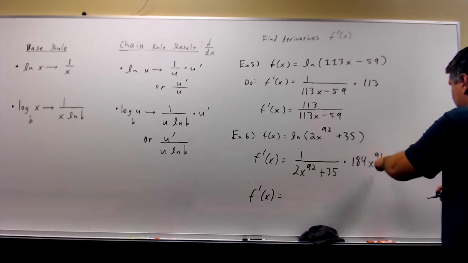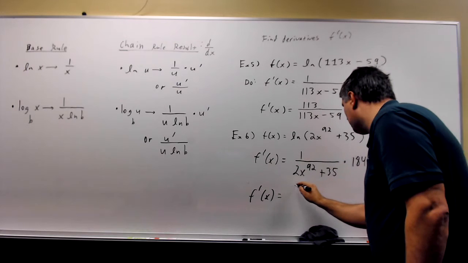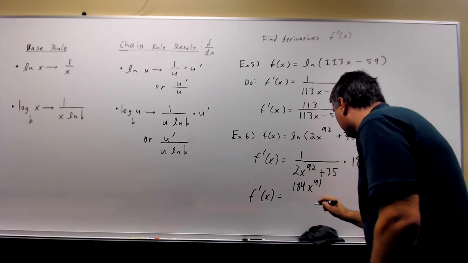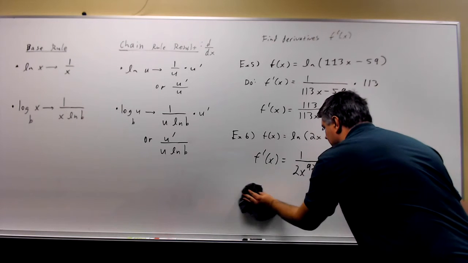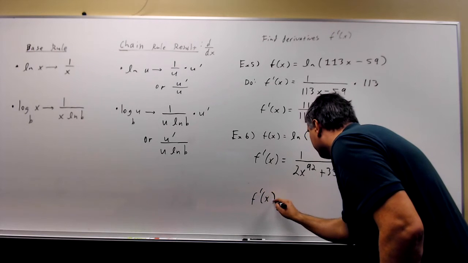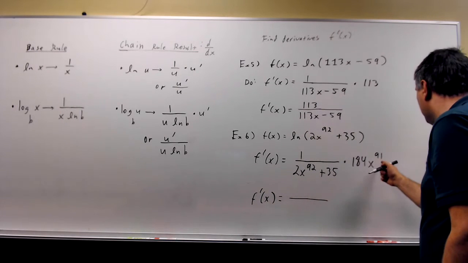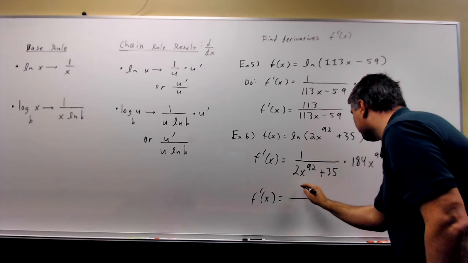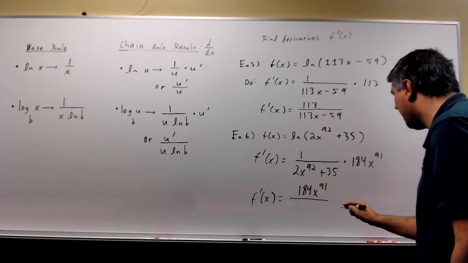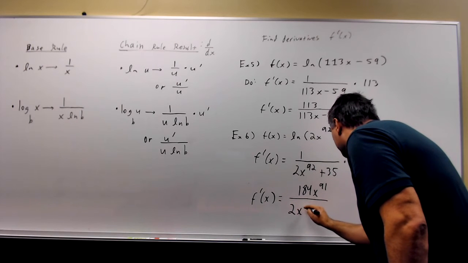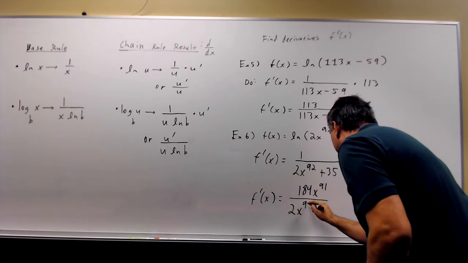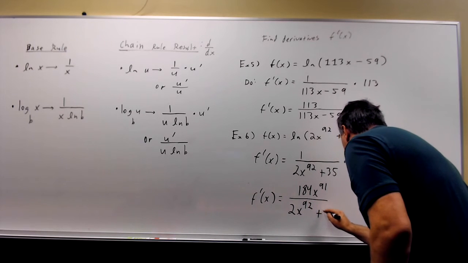And this times 1 is 184x to the 91st on top, and on bottom, 2x to the 92nd plus 35.